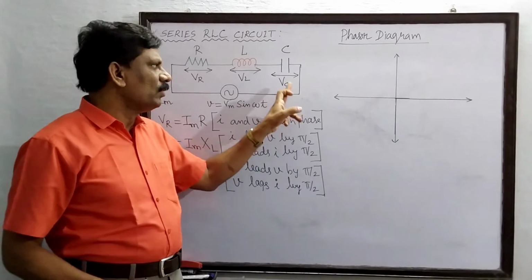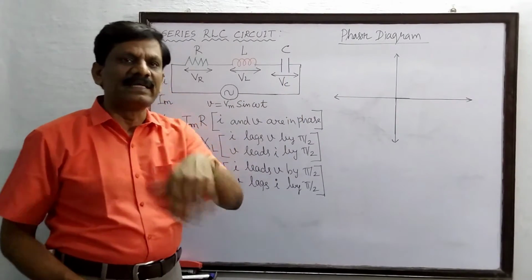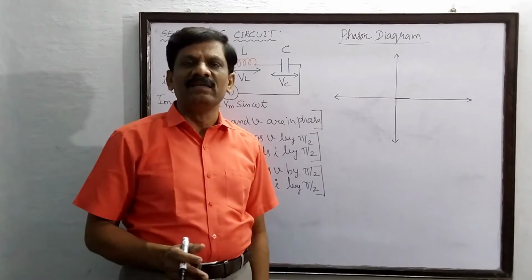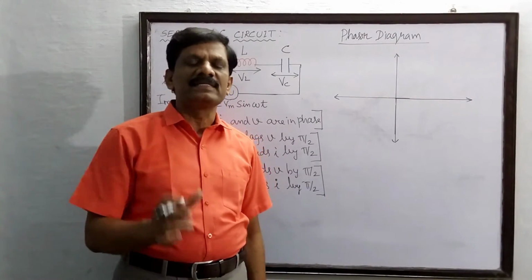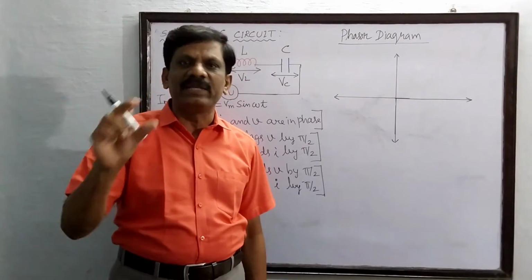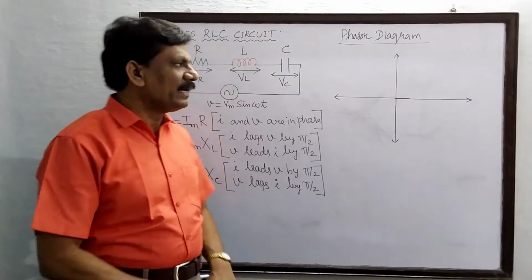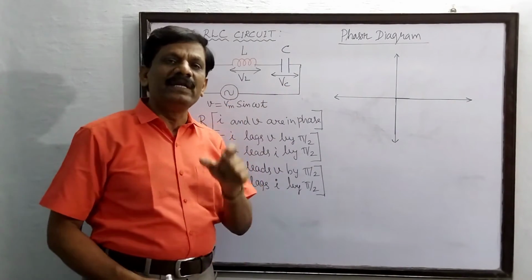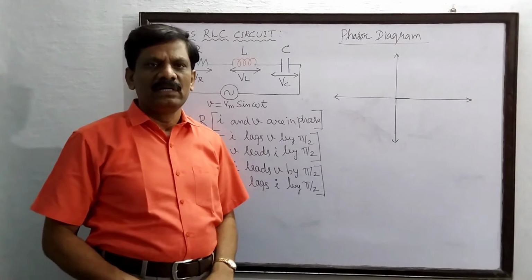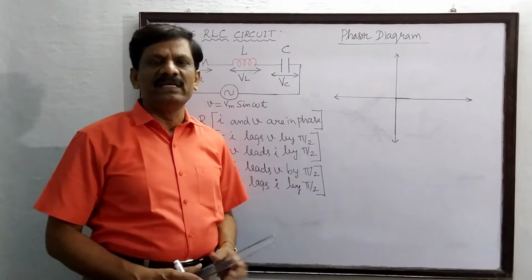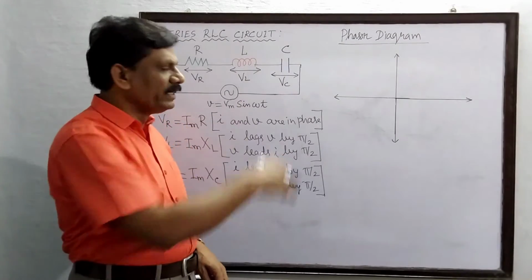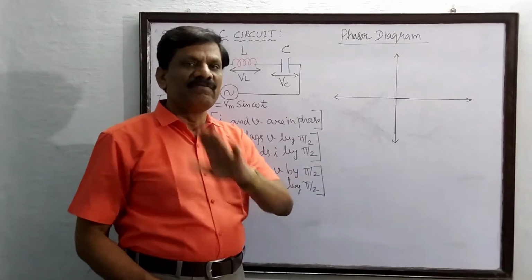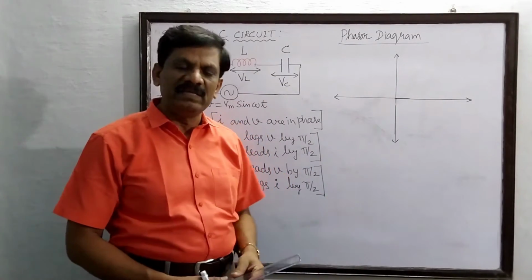I can also assume the voltage across the capacitor VC is greater than VL. If I assume VL is greater than VC, then the circuit is called a predominantly inductive circuit. If I assume VC is greater than VL, then the circuit is said to be predominantly capacitive. Now in some textbooks they have assumed VL greater than VC. First I will do the derivation by assuming VL greater than VC. Finally I will explain what will happen if VC is assumed to be greater than VL also.